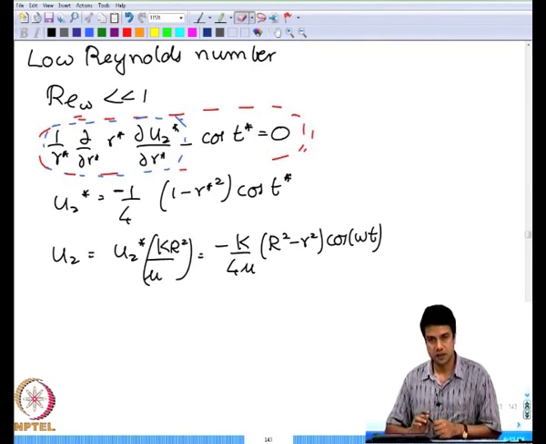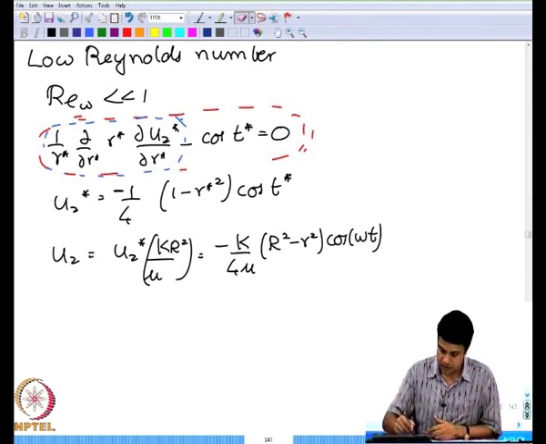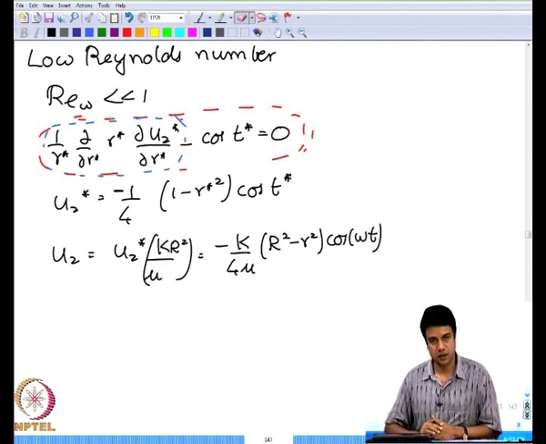So, because of this, the pressure gradient and the velocity are exactly in phase. This is the simplified solution for Reynolds number small compared to 1.